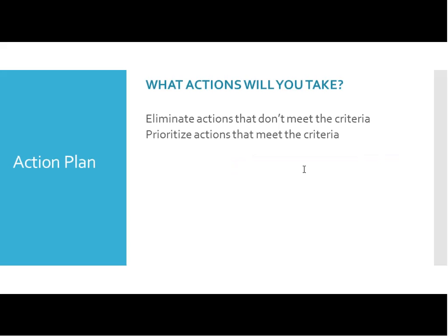Now, what you may find when you're having this conversation is that you have some actions that you have energy for, and that you have passion for, and that you really think should be done, and they may not meet the criteria. So if that happens, this is a very good place to have a conversation. Ask, why is it not meeting the criteria? Ask, do we need to shift the criteria?